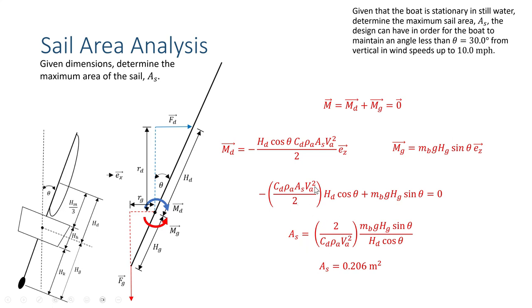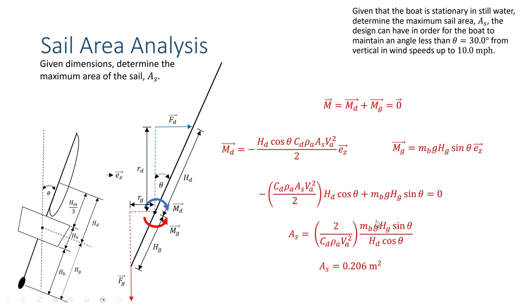So you can see that we flip this over and take these terms to the other side, and this term also goes over to the other side. So you can see we're just moving and rearranging. So this all goes over here, and then we flip everything else. We invert it because we're taking it over to the other side. We're dividing both sides by that, and that ends up leaving us with the area of the sail.